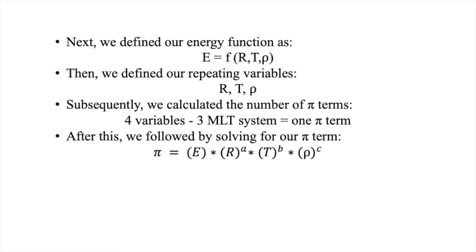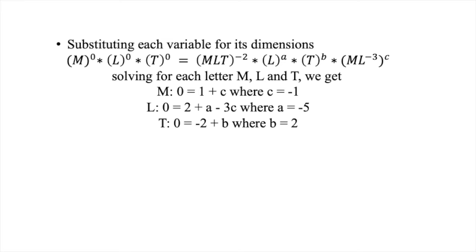After this, we follow by solving our pi terms. Pi equals E times R to the A times T to the B times rho to the C. Substituting each variable for its dimensions and solving for each letter M, L, and T, we'll get that C equals -1, A equals -5, and B will equal 2.